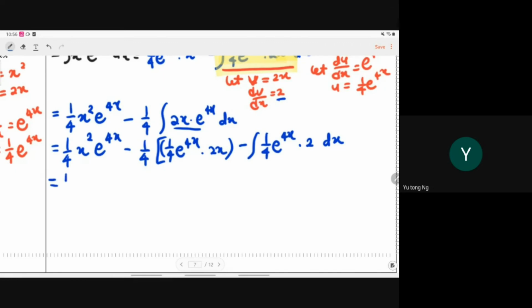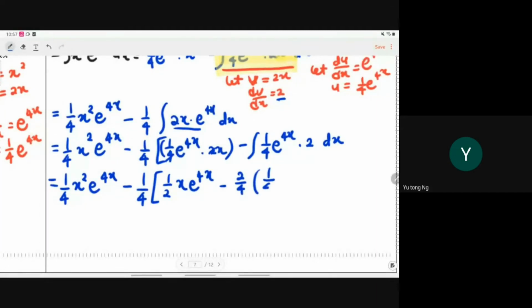So 1 over 4 x square e for x minus 1 over 4. This one can be simplified, so it becomes 1 over 2 x e for x, minus the product of this, which is integrating half e for x. So we take out the number first, 2 over 4. Integrate e for x is equals to 1 over 4 e for x, plus c.